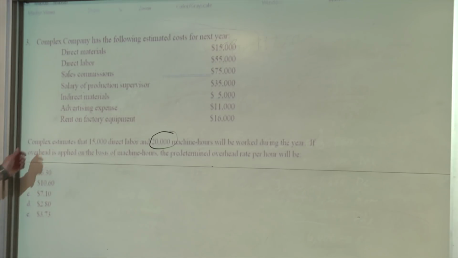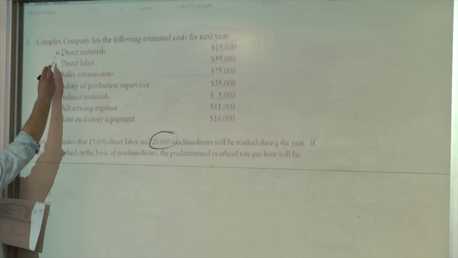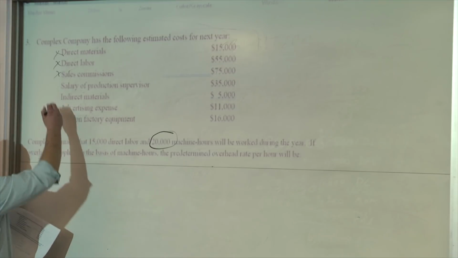The real question is, what of this stuff is overhead? This is a little bit of math, but mainly it's knowing what each account is. Direct materials is not overhead. Direct labor is not overhead. Sales commission is a selling cost, not overhead. The salary of the production supervisor is going to be overhead, so we're going to include that one.